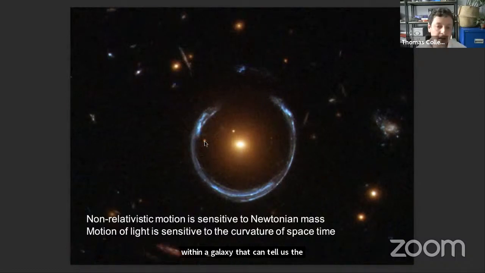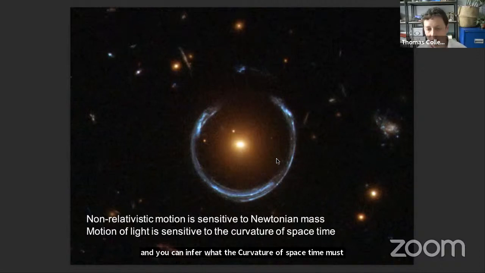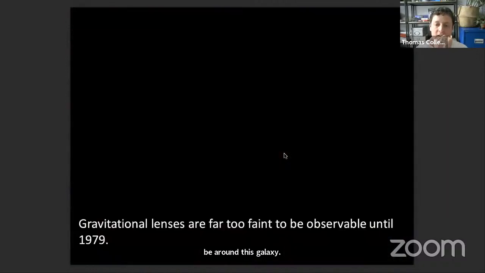And then by observing the Einstein radius, the separation between images in this blue ring, you can work out what the deflections are of the light, and you can infer what the curvature of space-time must be around this galaxy.